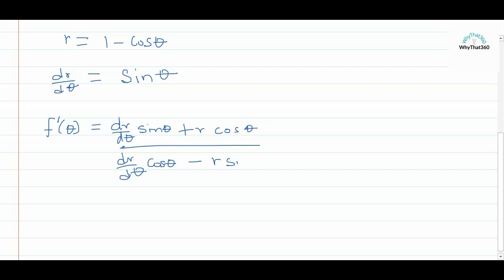And we just saw that the dr d theta is equal to sine theta.